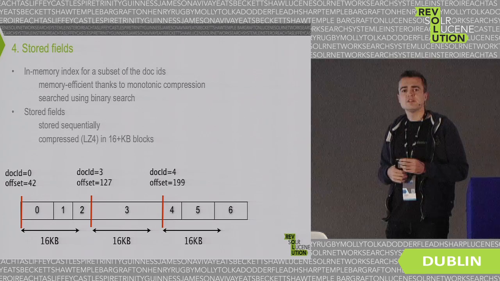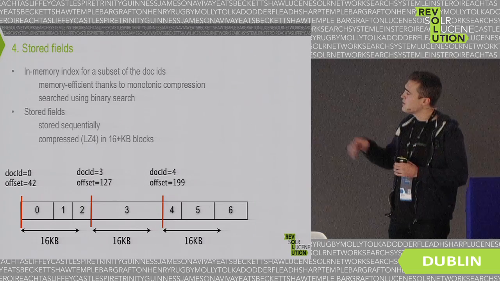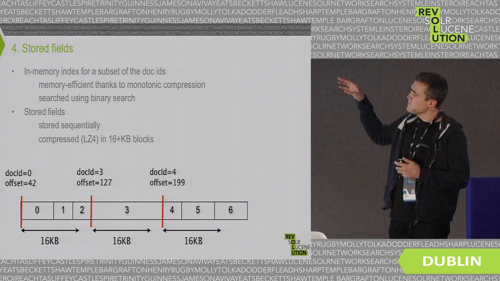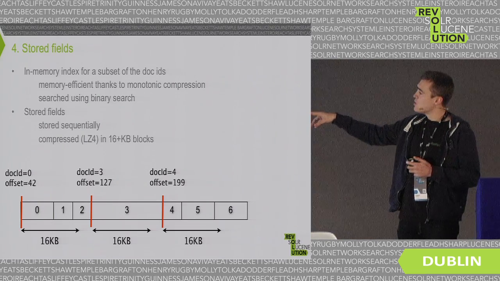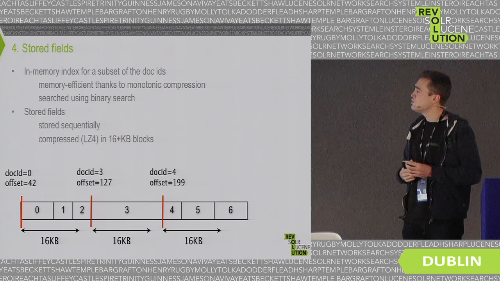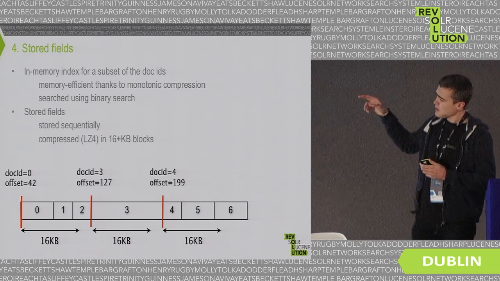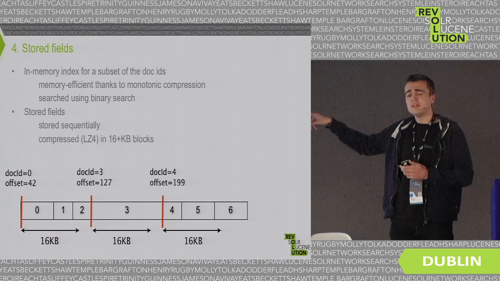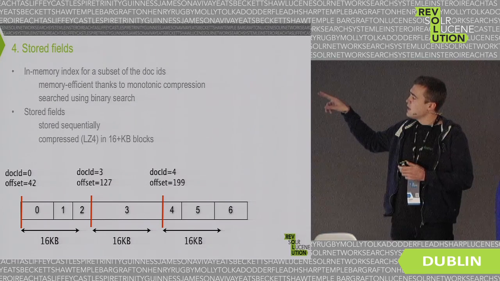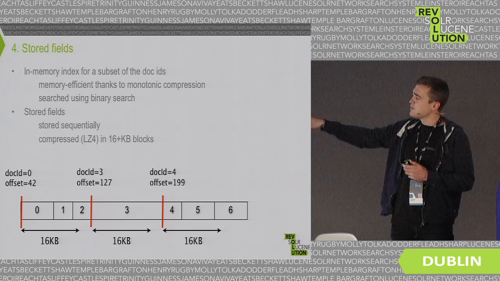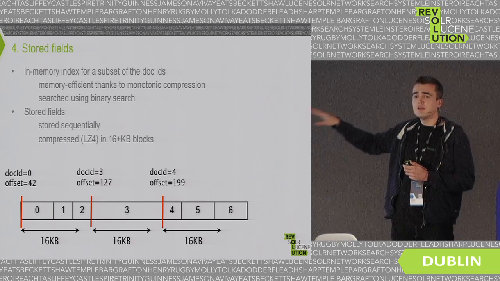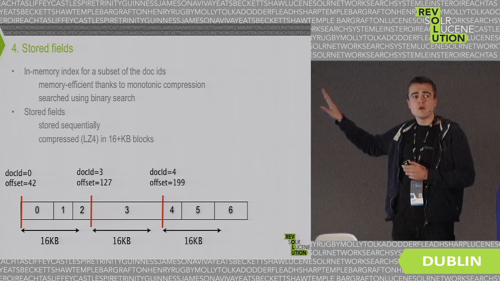So how do we search in this index? It's very simple. The only thing you need to do is to binary search based on the doc IDs. For example, let's say that you are looking for document 2. If you do a binary search over this index, you will find out that document 2 is stored in the block for doc ID 0, because doc ID 3 is already greater than the document you are interested in.